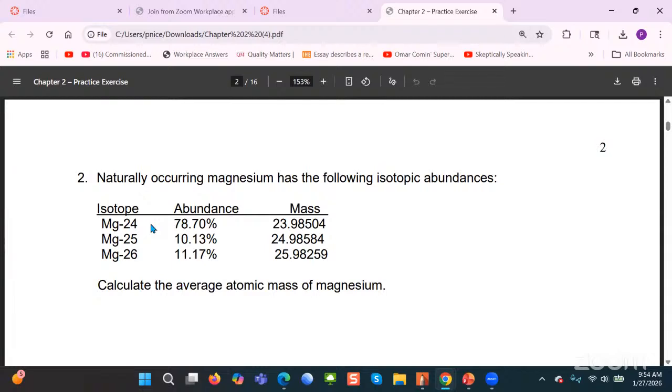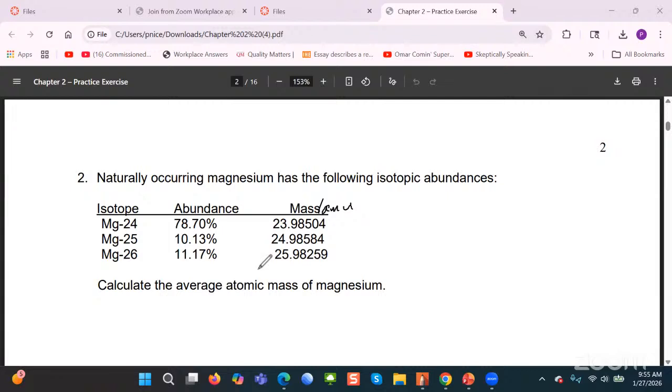The numbers to the extreme right of this table are not the mass numbers, but the atomic masses for the different isotopes, in units of AMU, atomic mass units. This question asks you to calculate the average atomic mass of magnesium given this data.